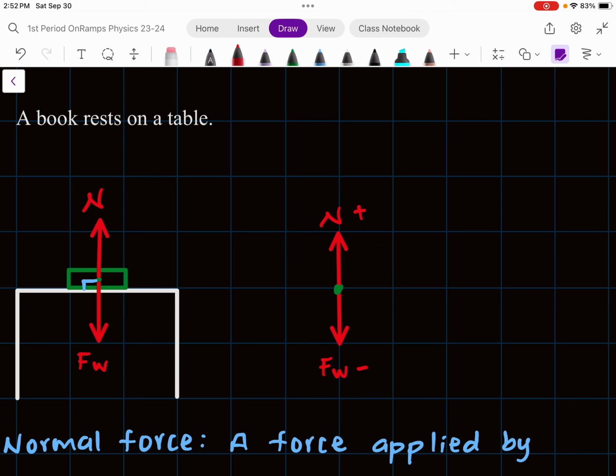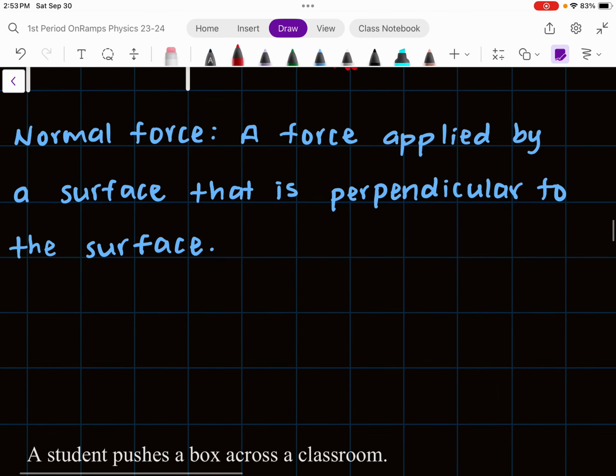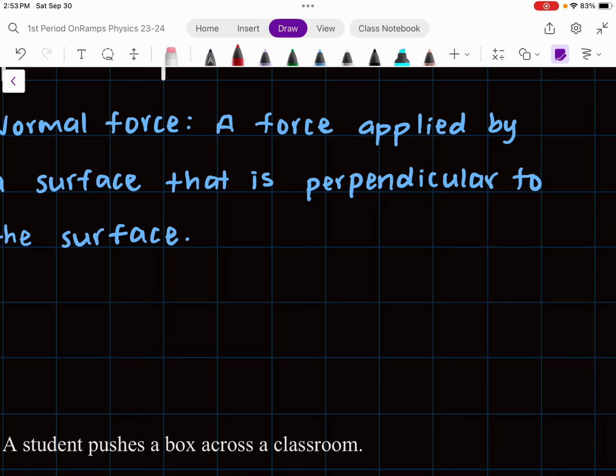Okay, next I have to ask this question. Is the object accelerating? Or let's say the system, in this case it's an object, but let's call it system. Is the system accelerating?